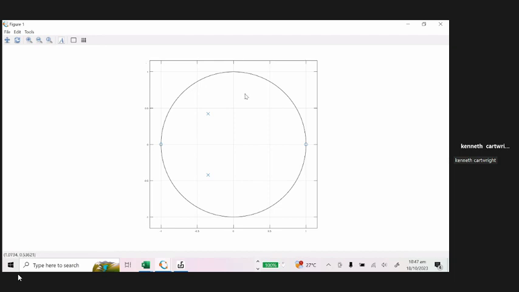What can you tell me about the circle? Tell me something about the circle. It's like one wide.